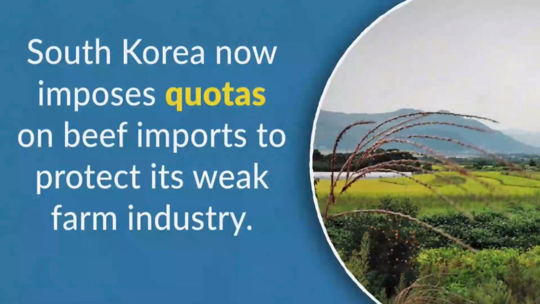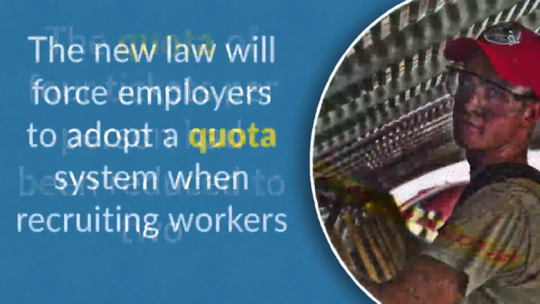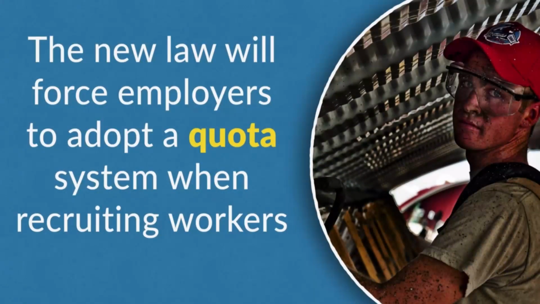So for example, South Korea now imposes quotas on beef imports to protect its weak farm industry. So South Korea says that only a certain amount of beef can come into South Korea. The quota of 4 tickets per person had been reduced to 2. The new law will force employers to adopt a quota system when recruiting workers.